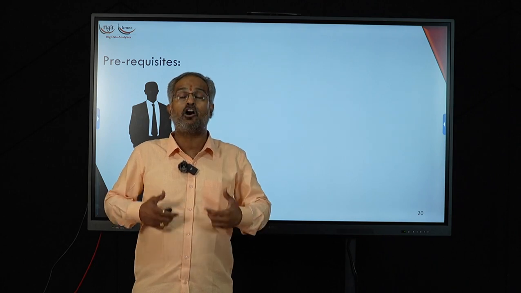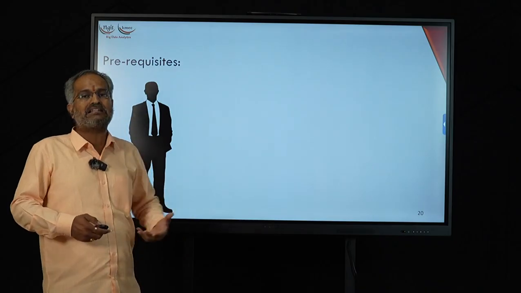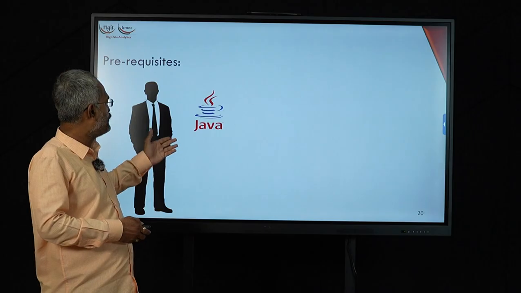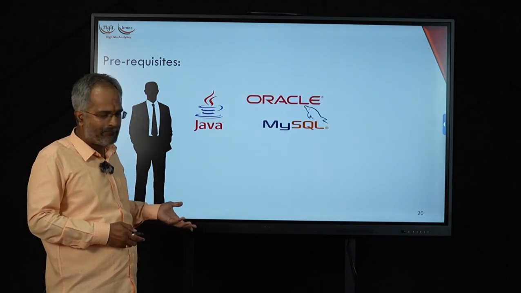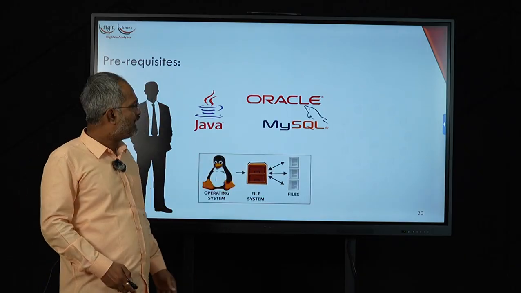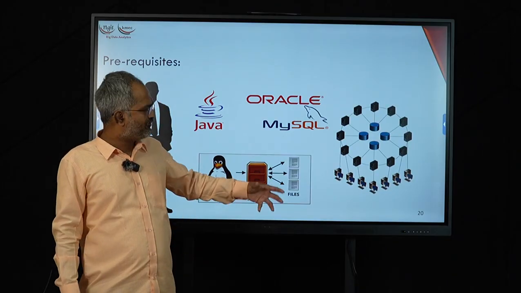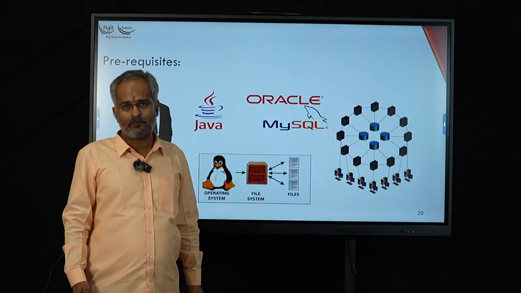You have to build them on your own. Along with them, you can go for the technical skills. What are the technical skills required? You may need Java, Oracle or MySQL, any database, and knowledge of operating systems, and also distributed systems will give you some benefit in understanding Hadoop. So these are the basic prerequisites.